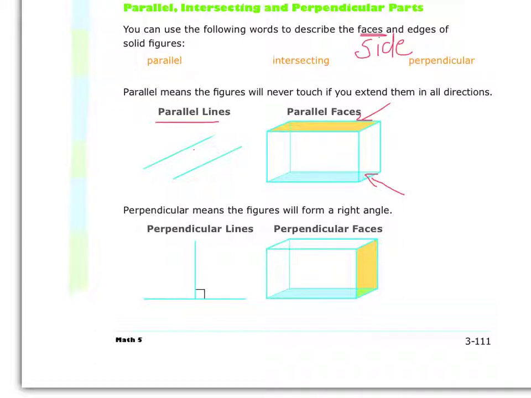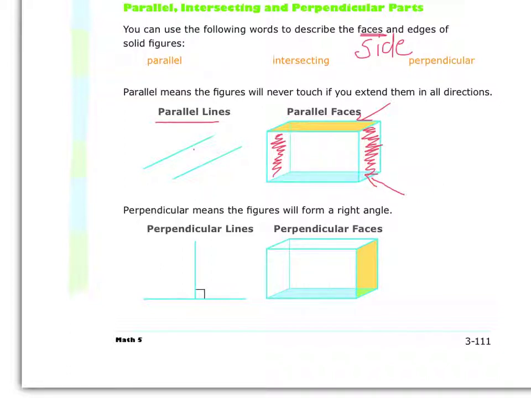And in fact, you could say that this side right here would also be parallel to the opposite face. And in fact, on a rectangular prism, which this is, all opposite faces are parallel. So top and bottom are parallel, side and side are parallel, front and back, which is hard to see here, are also parallel.